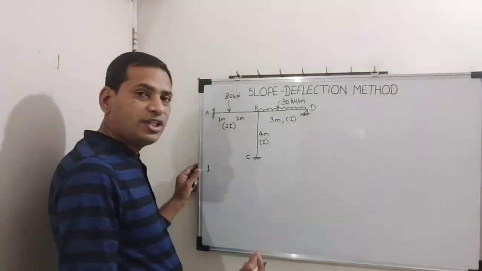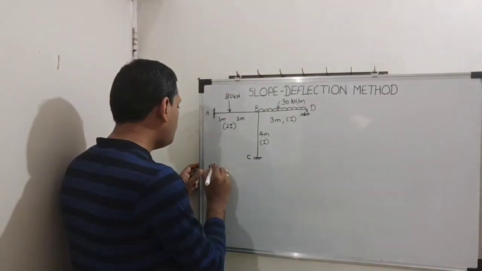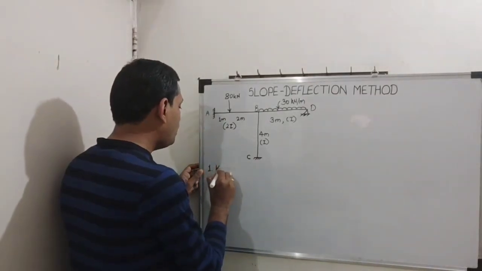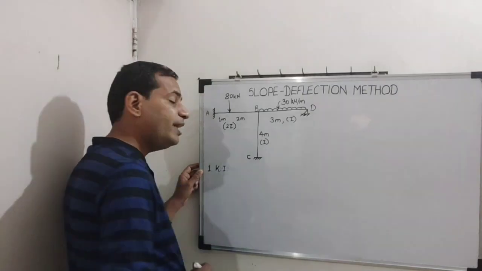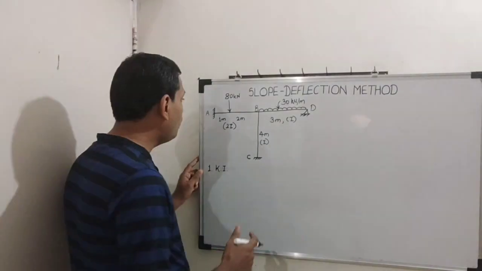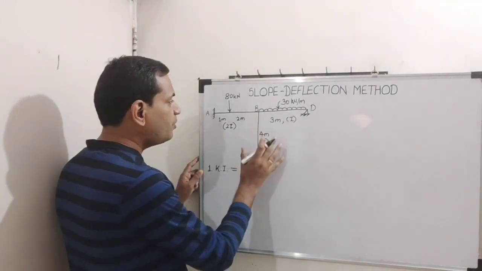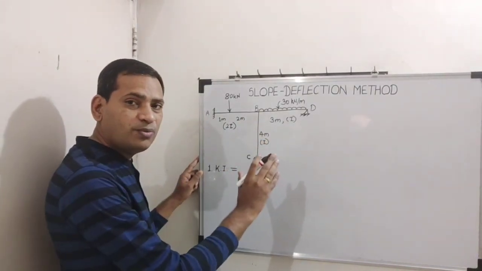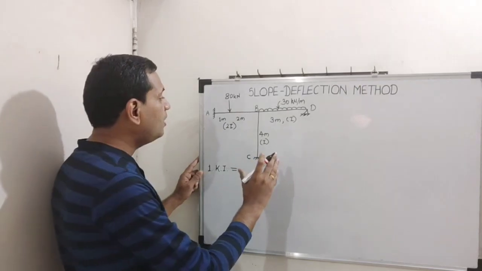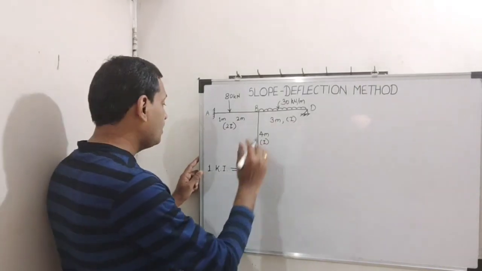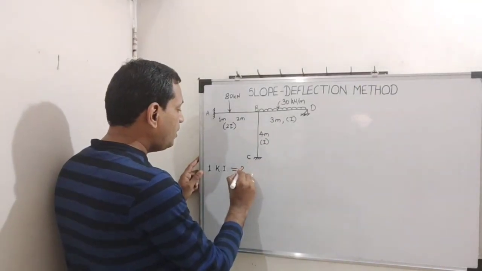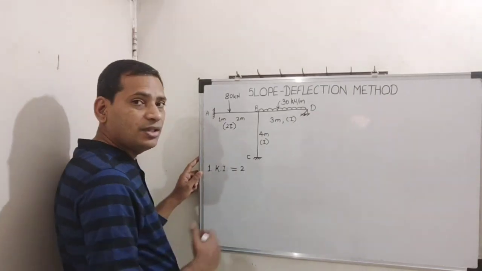So our first step as usual will be finding out unknown displacement quantities. In fact, identifying the unknown displacement quantities, and in this case again this particular frame is a non-sway type of portal frame, hence there are two unknowns. So kinematic indeterminacy for this frame is 2.